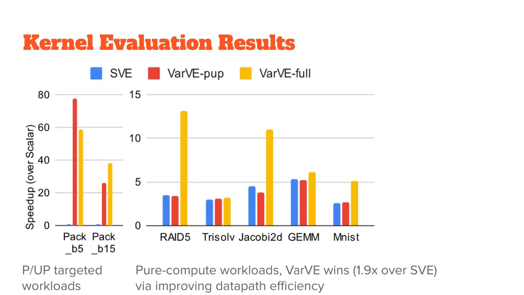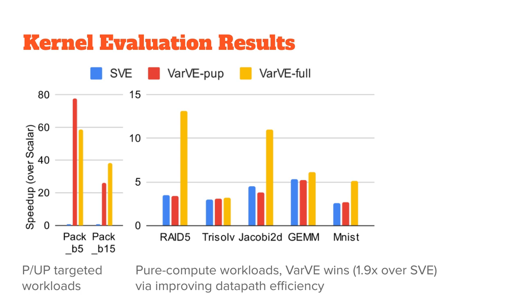Here come the evaluation results. First, on kernels ranging from file system, scientific computing to neural network. On bitpacking workload, both PUP alone and the full VarVE with direct variable width value compute can largely outperform SVE by more than 20 times. This is not a huge surprise, as it is a workload directly targeted by the PUP feature.